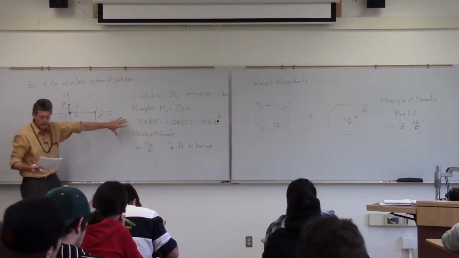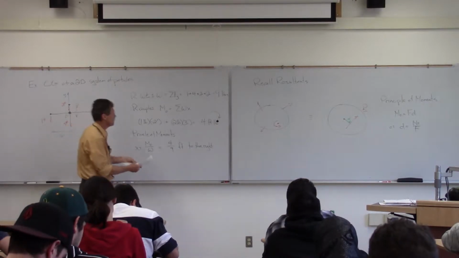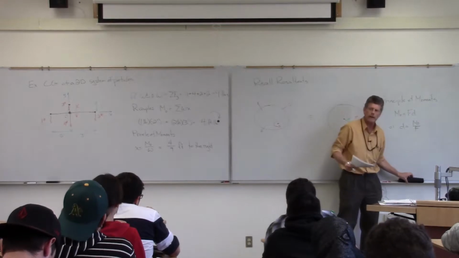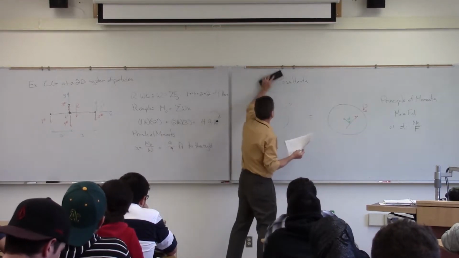So this is what we call the discrete form of the principle of moments. And what I mean by discrete is that we have known quantities. There's no integration involved.